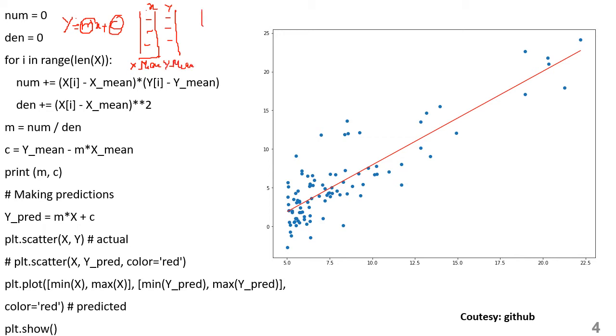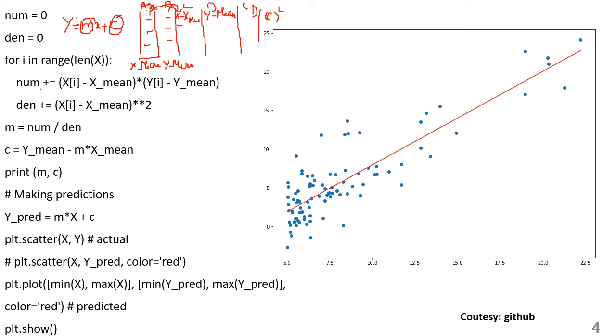Now we should have one more column where we have x minus x mean, and the other one is y minus y mean, and we have to multiply these two to get the numerator. So if I call this as A, this as B, and C, D, then it is C into D, you'll get the numerator. Denominator value will be equal to the C value whole square, or C into C.